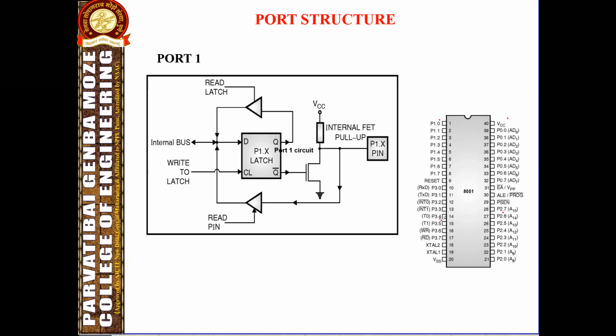Each of these 8-bit ports consists of a D type output latch, an output driver and an input buffer. Internally, all these ports have the architecture of a D latch, output driver and input buffer organization.